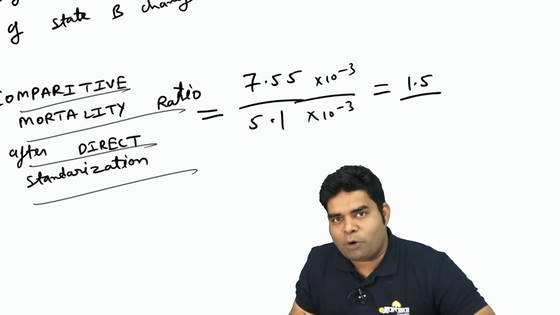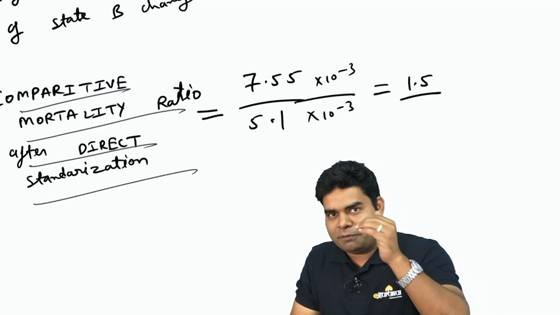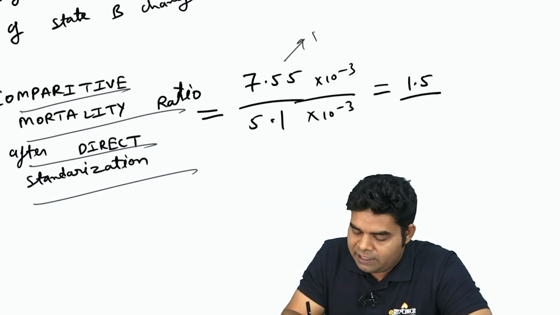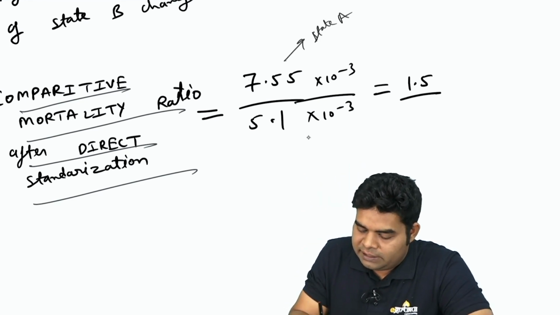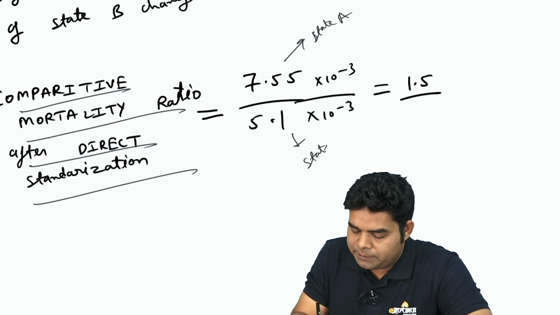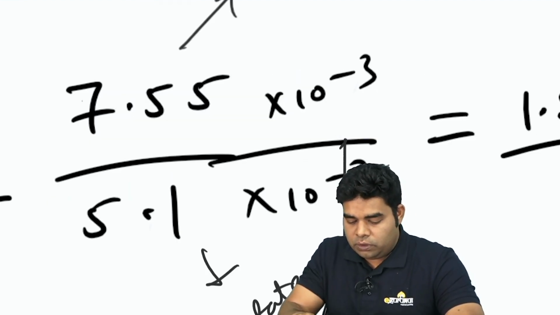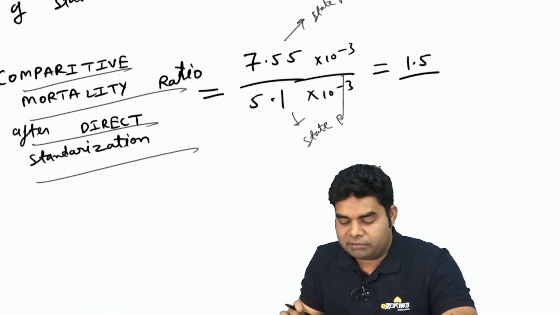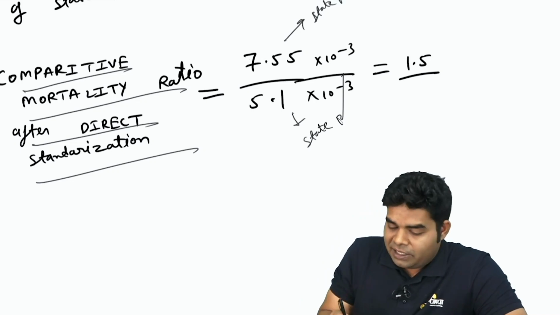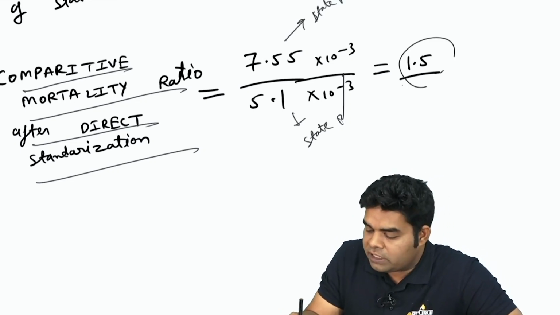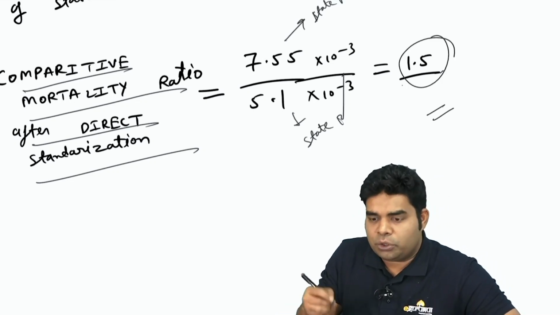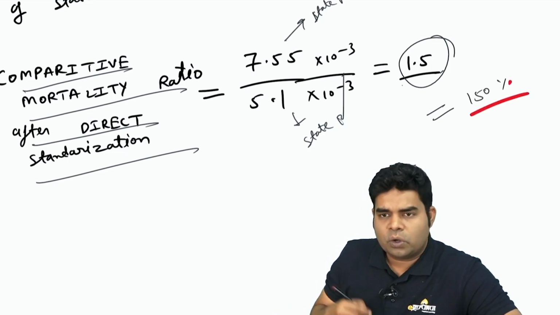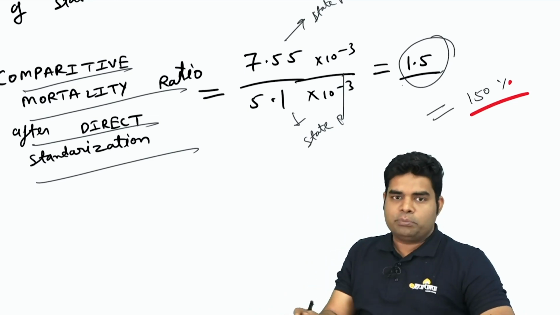The comparative mortality ratio of state A, this is Bihar, with state B, this is Chandigarh, comes out to be 1.5. If you want to change it into percentage, it will become 150%. Just multiply it by 100 to get percent.